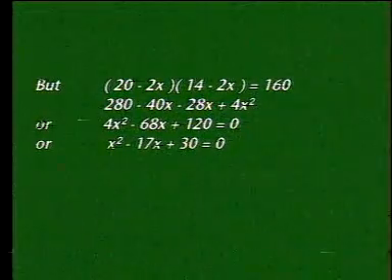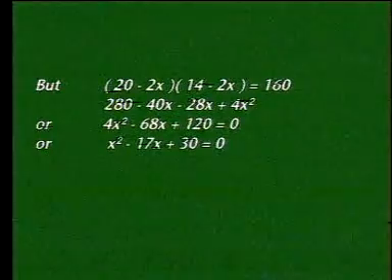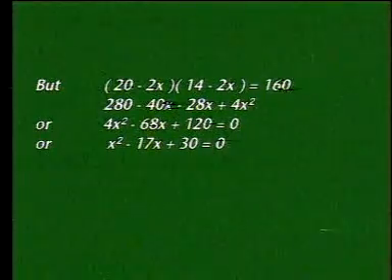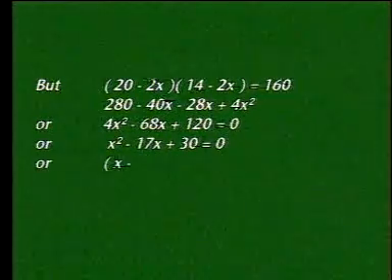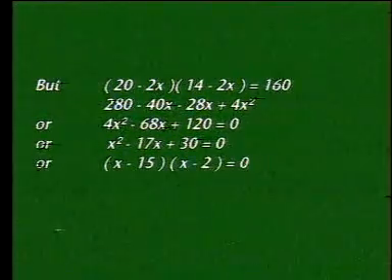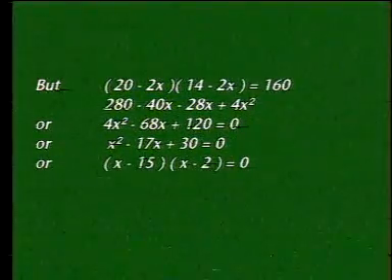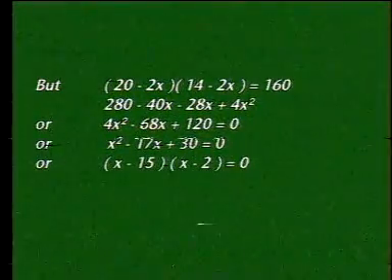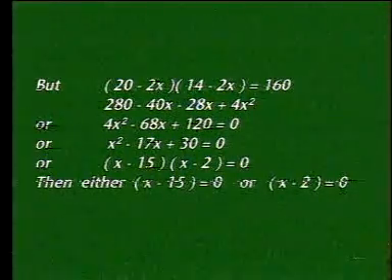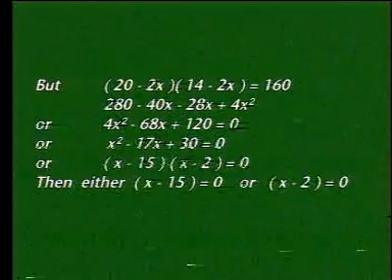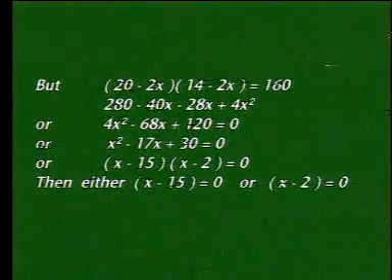To simplify more, we will take 4 common and the equation will be x square minus 17x plus 30 is equal to 0. Now we will factorize and the factors will be x minus 15 into x minus 2, that is equal to 0. As the product is equal to 0, either x minus 15 is equal to 0 or x minus 2 is equal to 0.